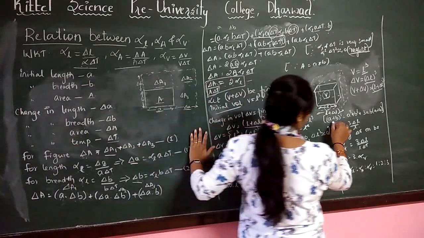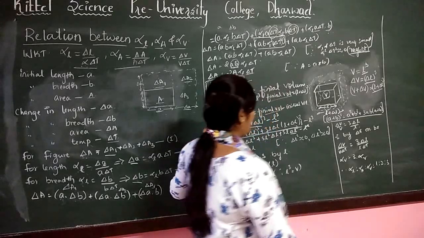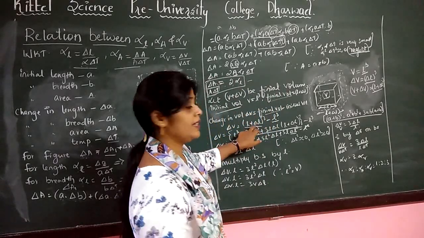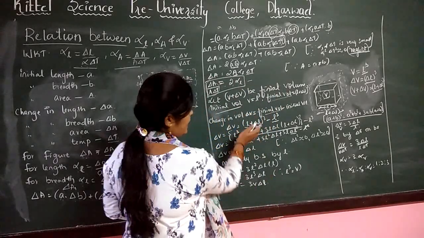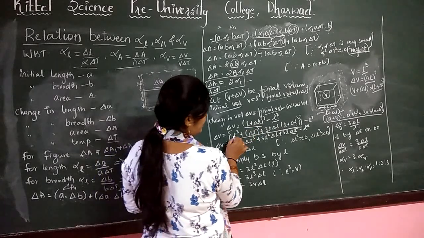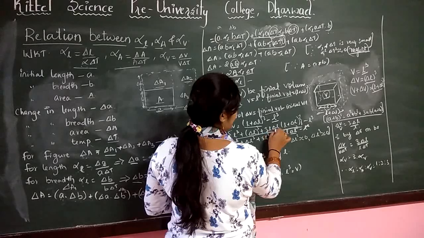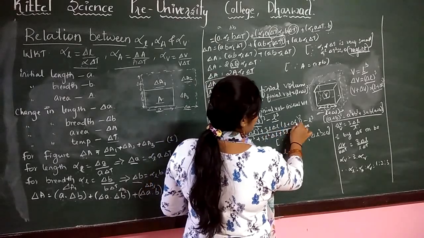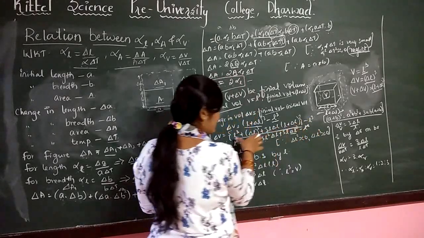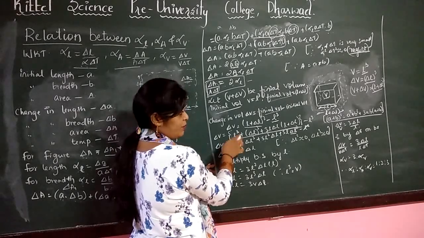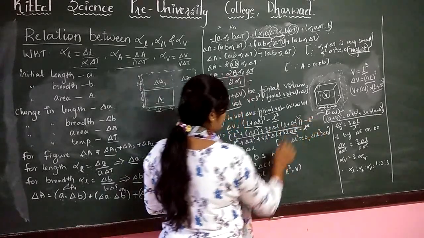Here a is L, b is delta L. So the expansion is L cube plus delta L cube plus 3L delta L into L plus delta L, minus L cube.